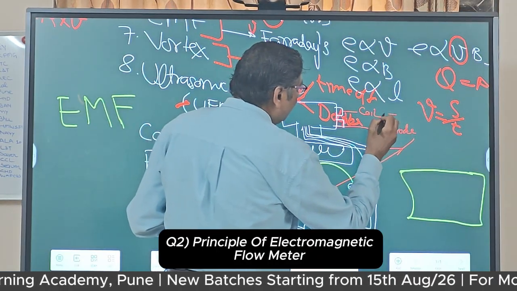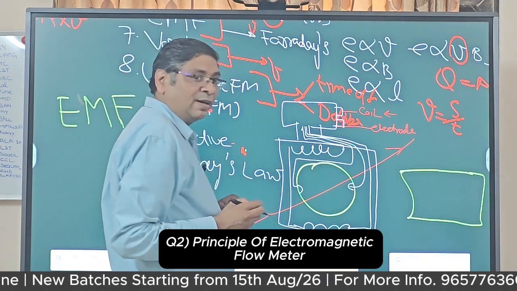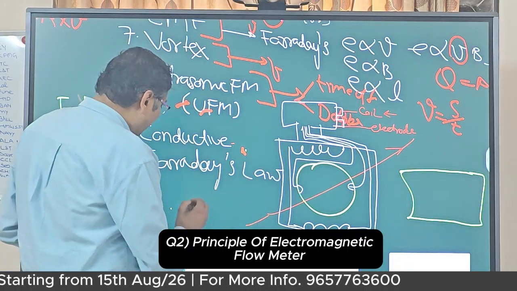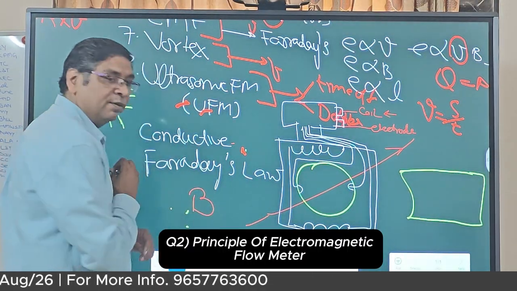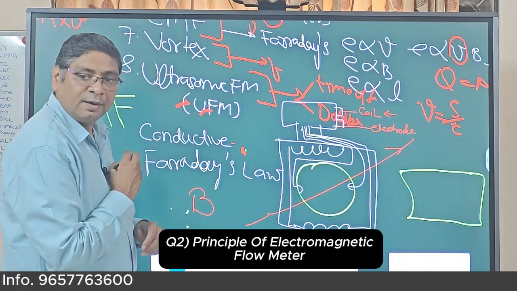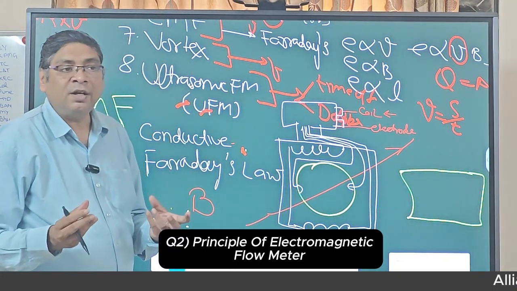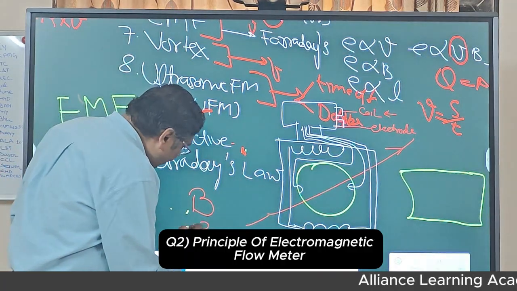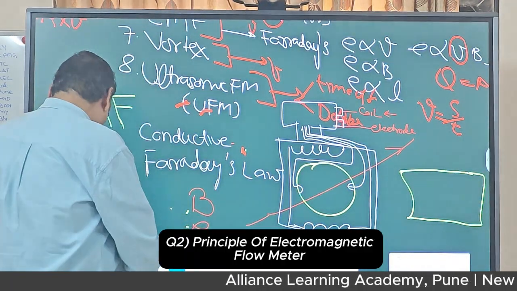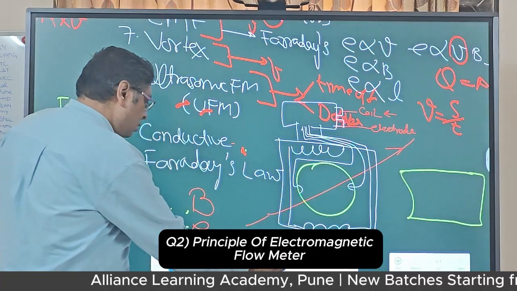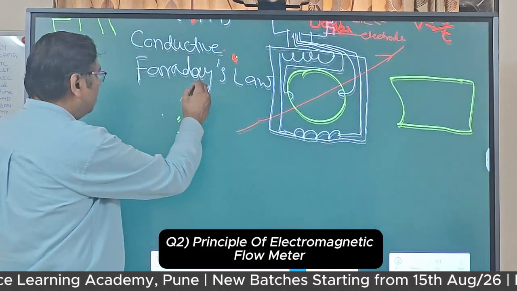In the coil I have given the known current so that a known magnetic field will generate. These are the two electrodes. They will measure whatever EMF is generated. Then I will send it up.